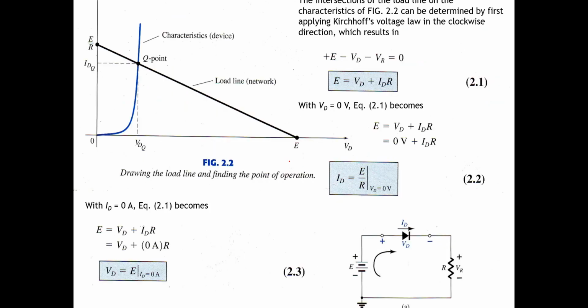So the blue line is the characteristic of the device, and the load line is the network or the circuit.